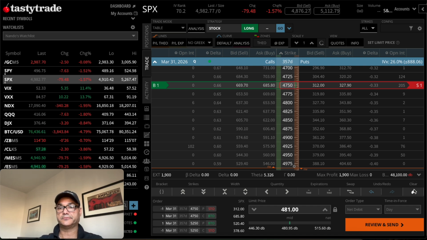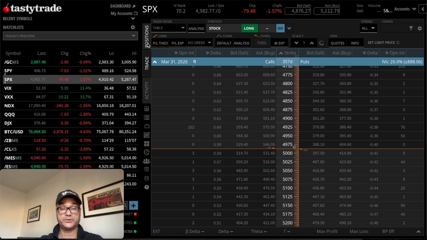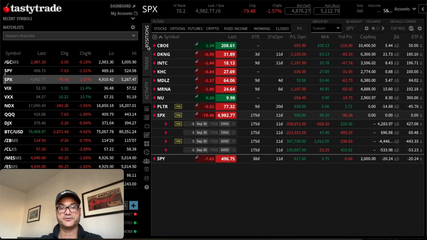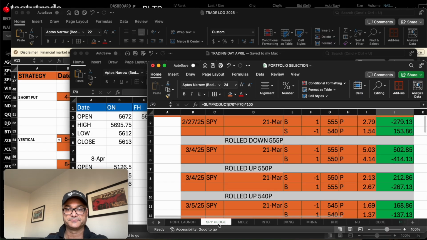So now let's take a brief look at some of the stocks that I currently have in the portfolio. And note here I have CBOE, that's the options exchange in Chicago, DraftKings, Intel, Kraft Heinz, Mondelez, Moderna, NU, and I have something very interesting going on in Palantir, which I'm going to talk about in a separate video.